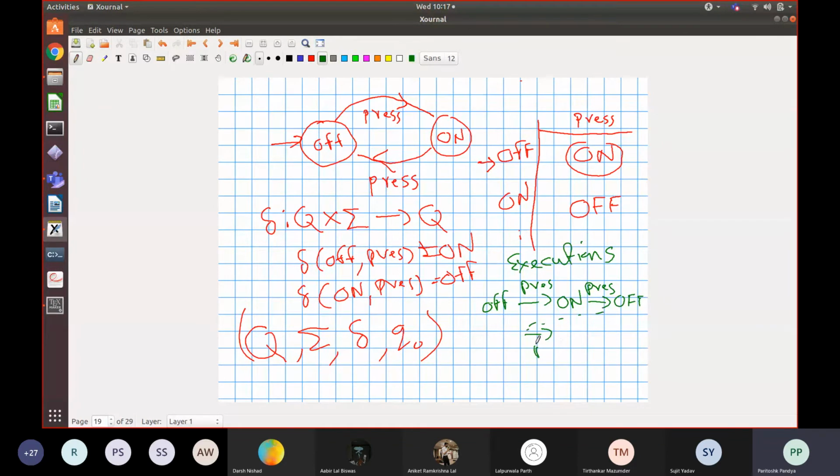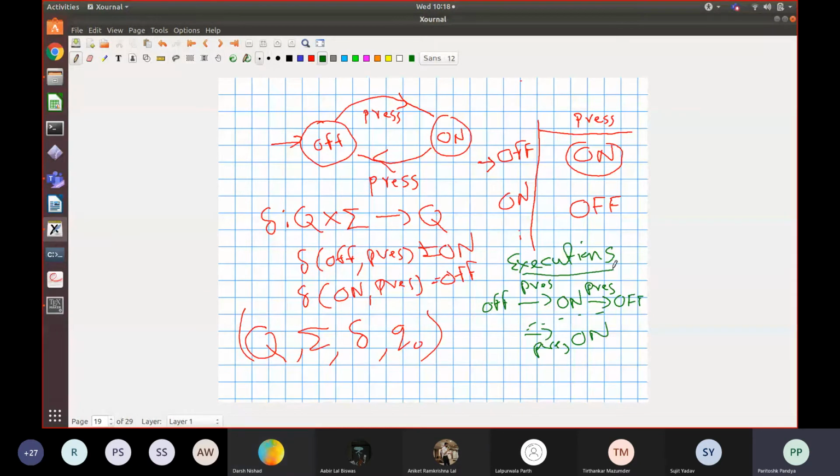Yeah, another press, and then I got on. So here I have an execution of the system where I did 3 presses of the switch. And what happened? The system moved from off to on, then on to off, and from off to on, right? So this is the execution of this automaton on a sequence of 3 presses. Is this clear to you intuitively?